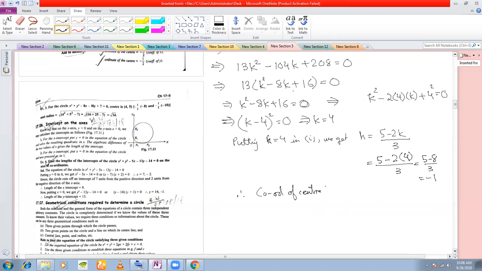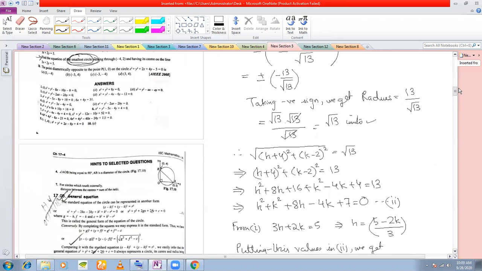Minus 1, 4. I thought you'd get two values of h and k, but you're getting only a single value, so no problem. We got the same values for k, that's coincident values. Okay, so you get minus 1 comma 4. This is the coordinates of the center.